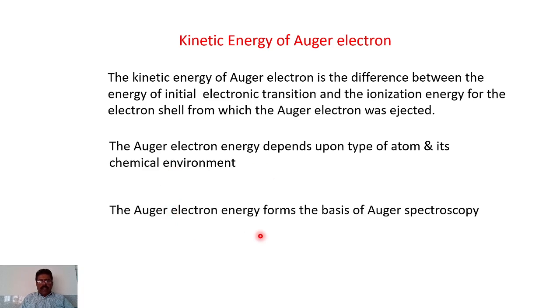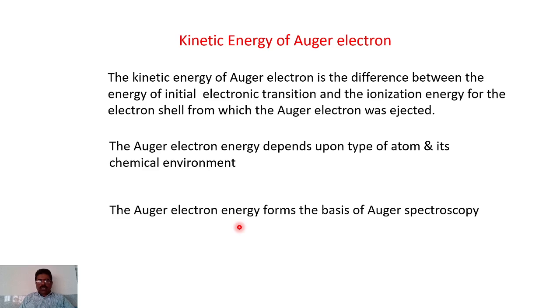The Auger electron energy forms the basis of Auger spectroscopy. This is very important. If you analyze the energy of these ejected electrons, that means Auger electrons, in a particular process, then from that you can identify the type of atom involved in the material from which it is released.